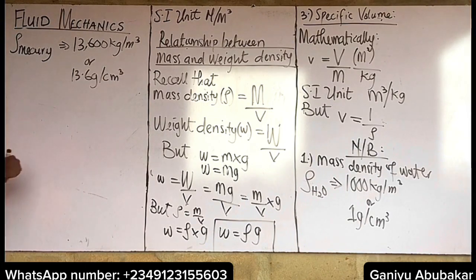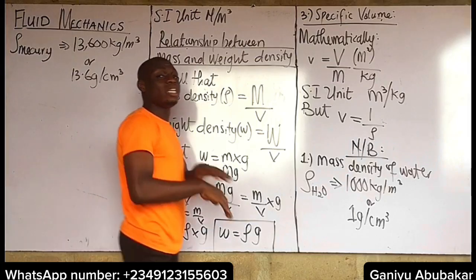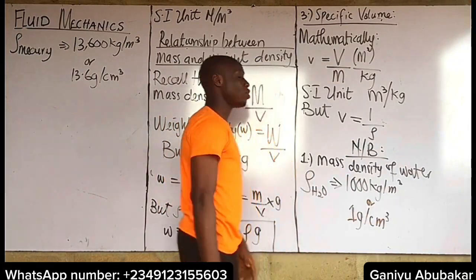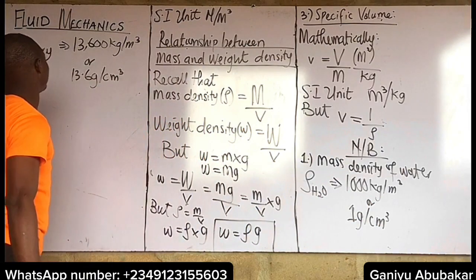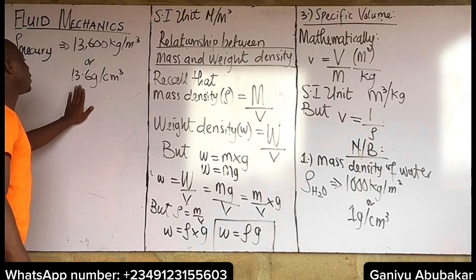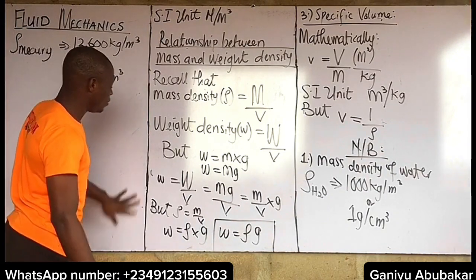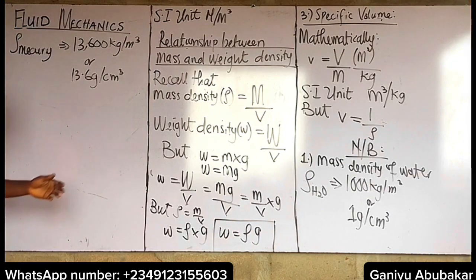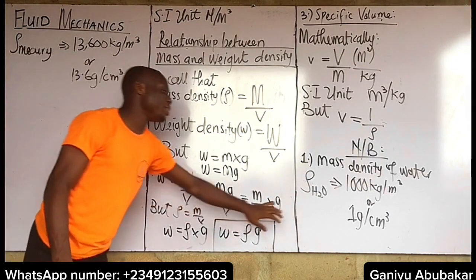So if I'm given density of water, don't get yourself confused. It's simply 1,000 kilogram per meter cube. Density of mercury is 13,600 kilogram per meter cube or 13.6 gram per cm cube. That's the concept you need to note at this point.